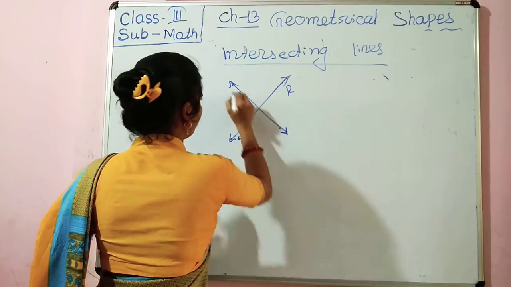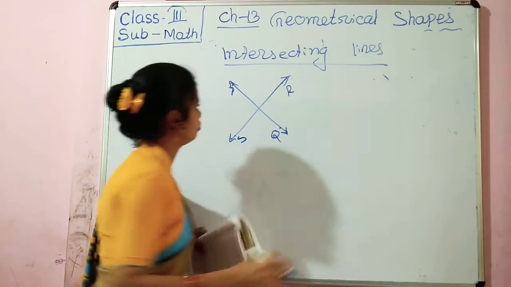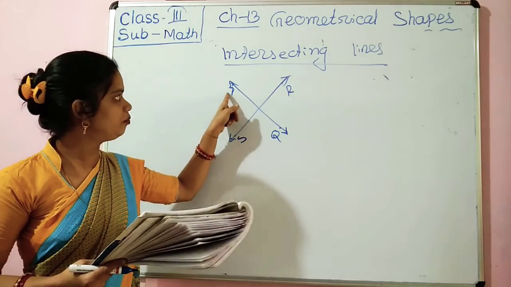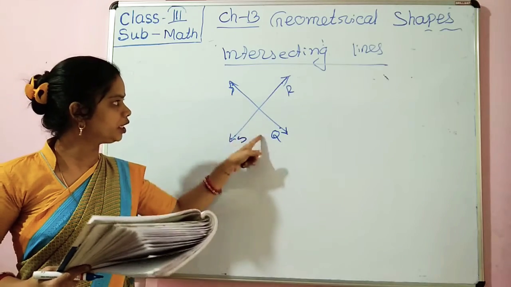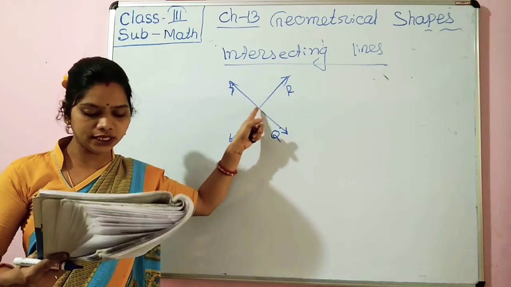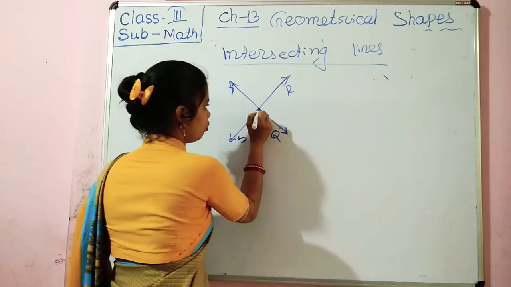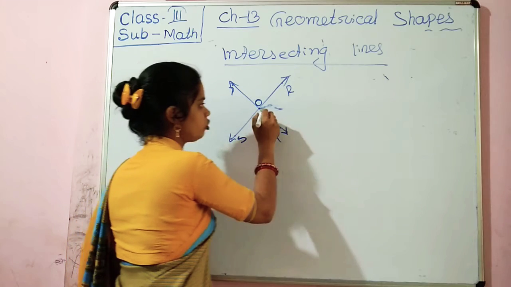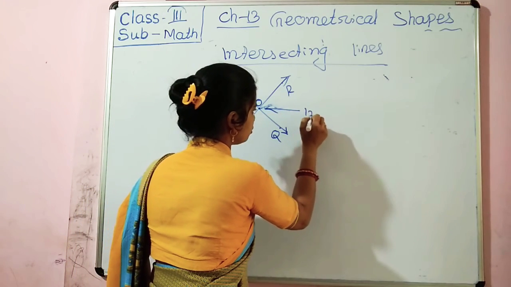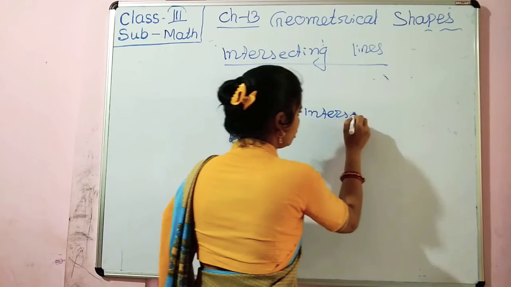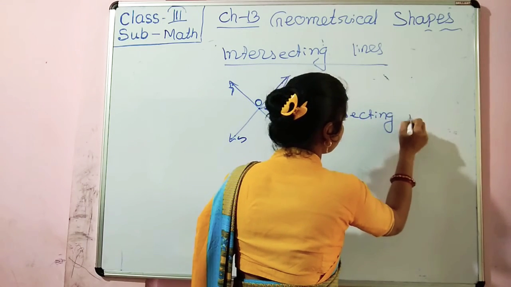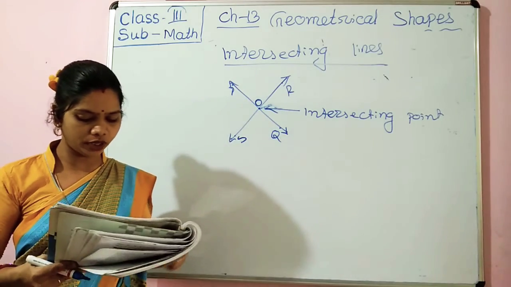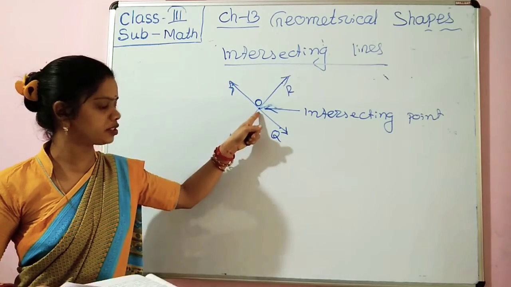Here is another, RS. They call it the straight lines PQ and RS crossing each other at the point O. O is the intersecting point. It is called the point of intersection.